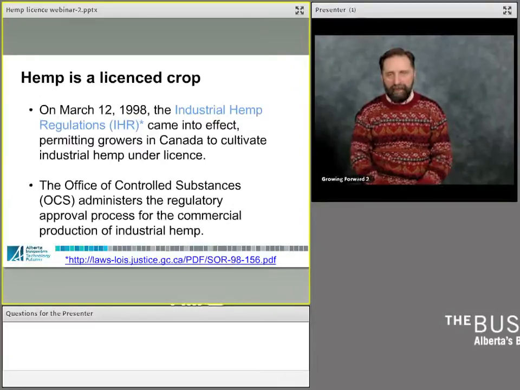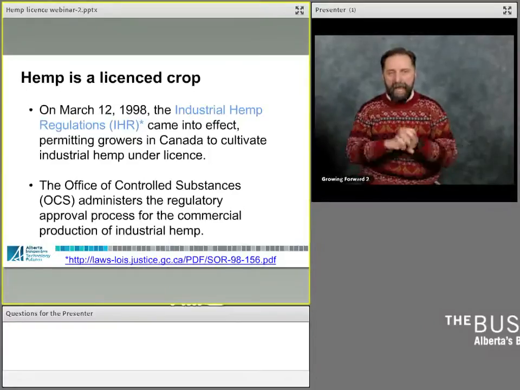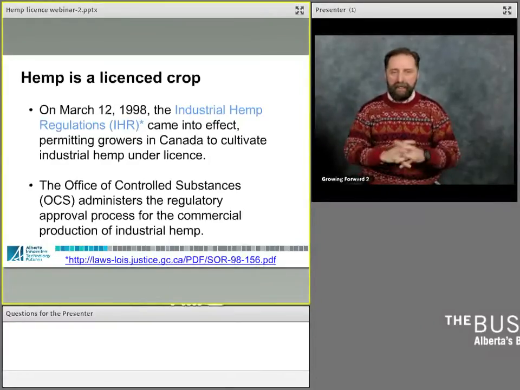Here in Canada, in North America, we are primary hemp growers, and as a matter of fact, we are one of the largest growers of industrial hemp in the world, with 67,000 acres. Remember, hemp is a licensed crop, as I said.